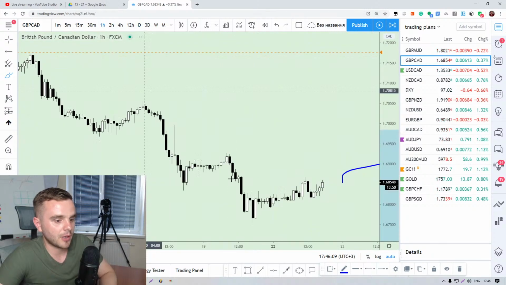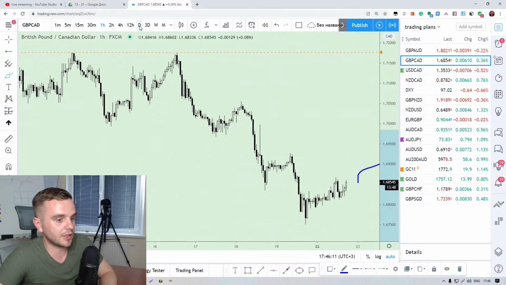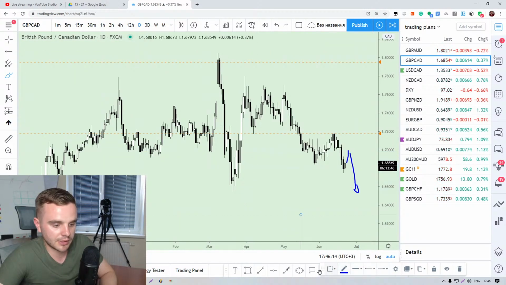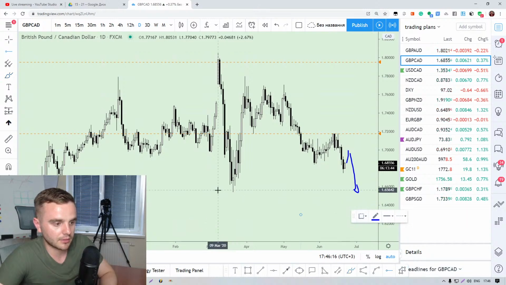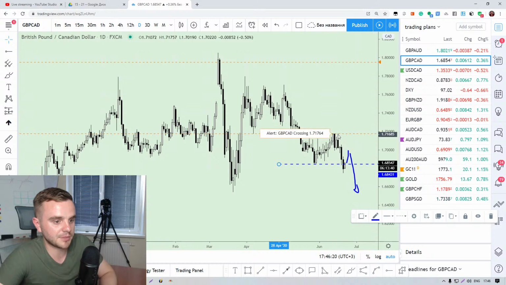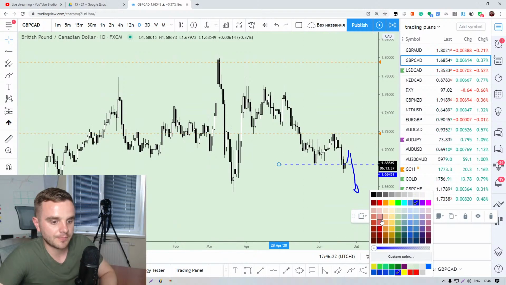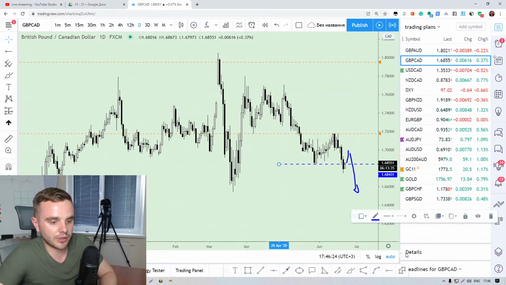That's why, once more, about British pound Canadian, we have a key level. As you can see, it is a key level built by this low. Why? Because from this place, price made a powerful pullback. How can we trade it?